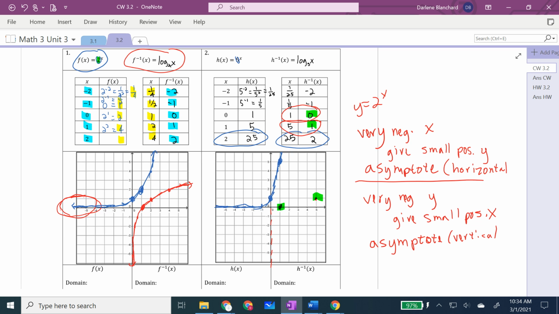Because when the y value is 0, that's where the x coordinate is always 1 for a logarithm. And on a logarithm, when you're getting out a 1, that's because you're putting in the number of the base. So I want to highlight that over here as well.